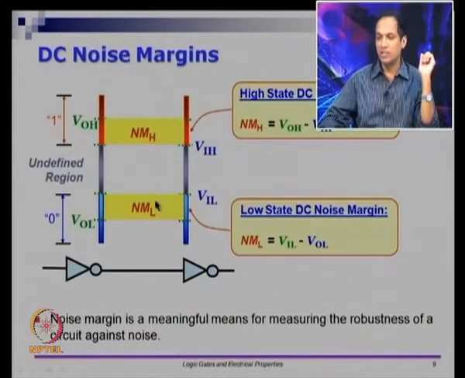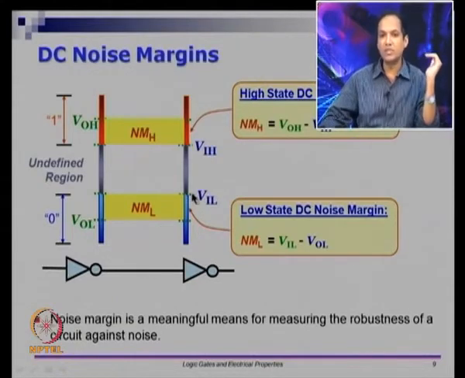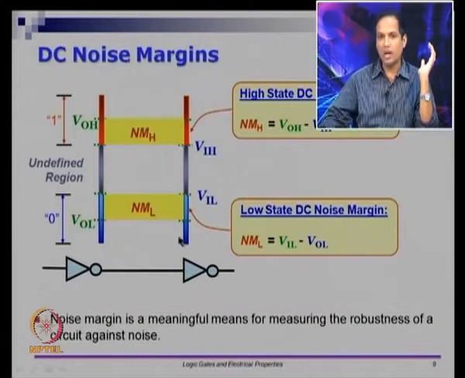Similarly, if this noise margin is high, then even a noisy input, even a relatively very high value of VIL, could potentially get treated as a 0, and the output of the gate will still be a clear and nice 0. So the higher the noise margins, the better the devices.